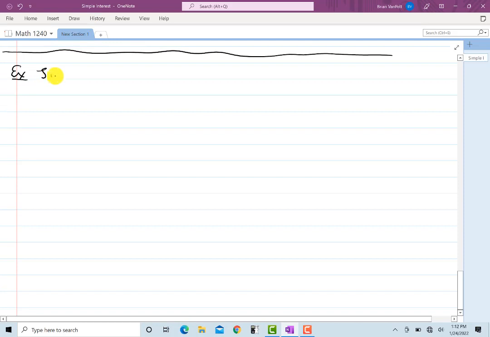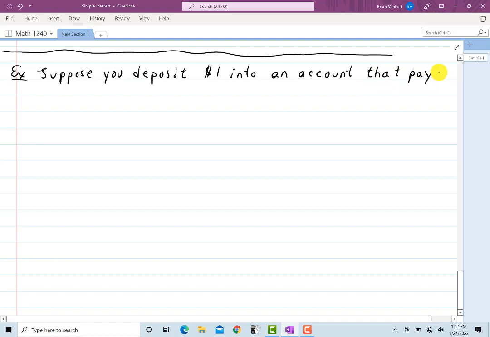Next, suppose you deposit $1 into an account that pays 50% APR.